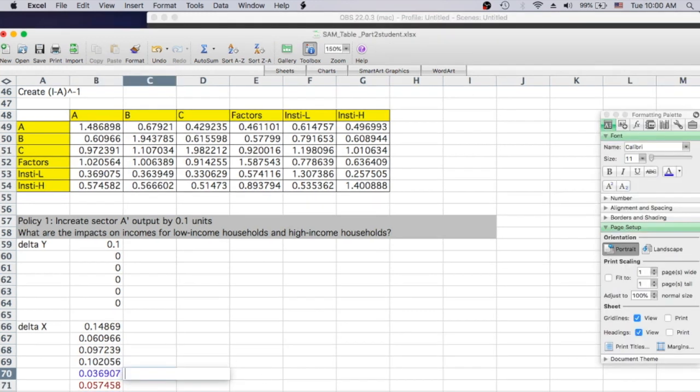Here I use different colors to indicate these two rows we're interested in. So 0.036, I use one color, and I give myself a note: this is an increase of income for lower income households. And the last one, this is an increase of income for higher income households.